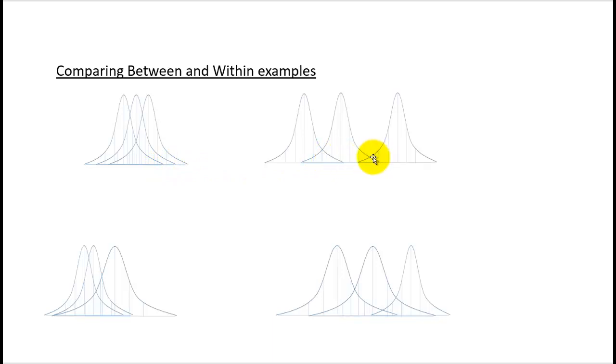The top right-hand example has three curves that are the exact same shape as in the prior example, but the means are farther apart. So in this case, because these means are so far from one another, there appears to be a significant difference between them somewhere. Now, probably there is a significant difference between the first group and the third group.